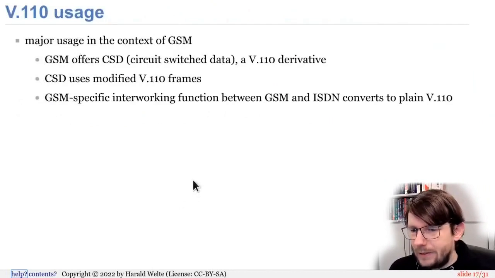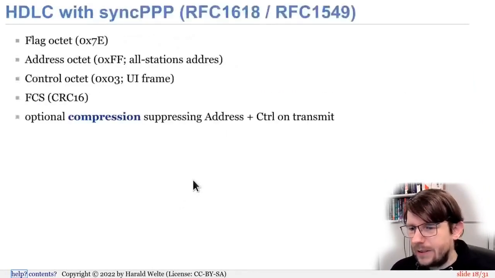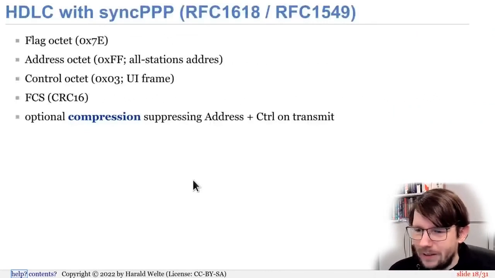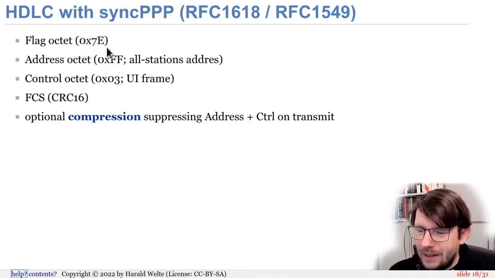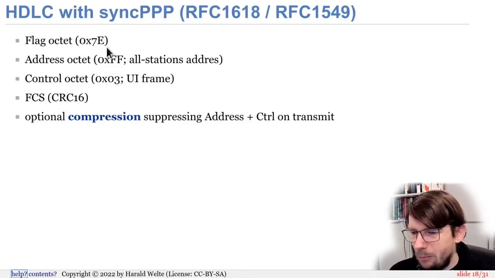Okay, so that's V.110, and now we go to something completely different, which is the most simple and most basic HDLC-based B-channel protocol, which is HDLC with synchronous PPP, specified in the two IETF RFCs given here. It's basically just using the flag octet mechanism of HDLC to delineate the start and the end of the frames in the bit stream of the B channel.